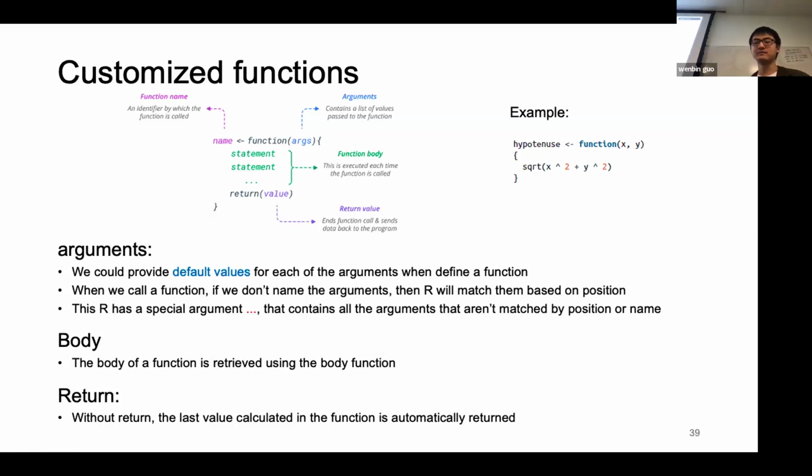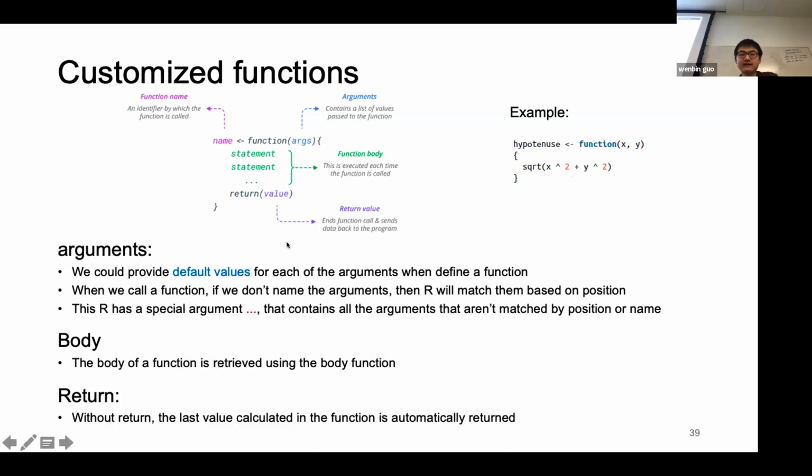Remember that here we don't have a return. In R, if you don't include a return, it will output the final step as the return. This is different from Python. In Python, if you don't include a return, it won't output anything, so it will be None.